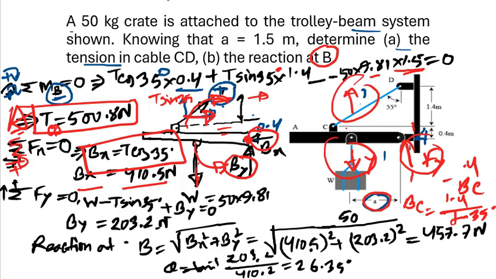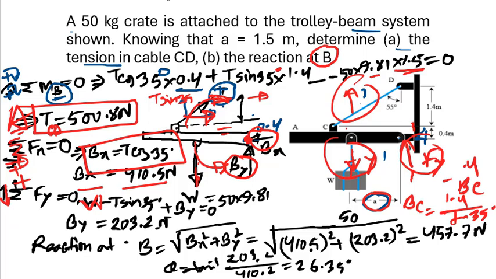Then we put W. If we consider the downward direction as positive, then W is acting downward, and W is positive.